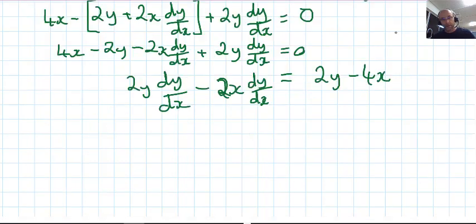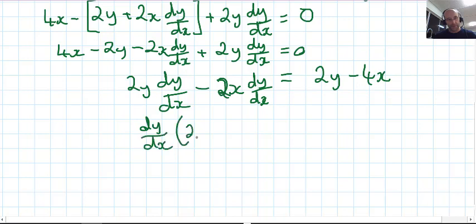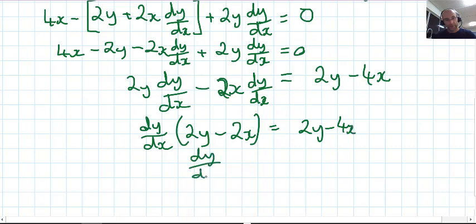Now doing some rearranging, because we want to get dy/dx isolated, and I've done some algebraic rearranging there. We want dy/dx as a factor, and we have that as a factor. So on the left side we have dy/dx common to (2y less 2x). Then we can isolate dy/dx as (2y take 4x) over (2y take 2x).